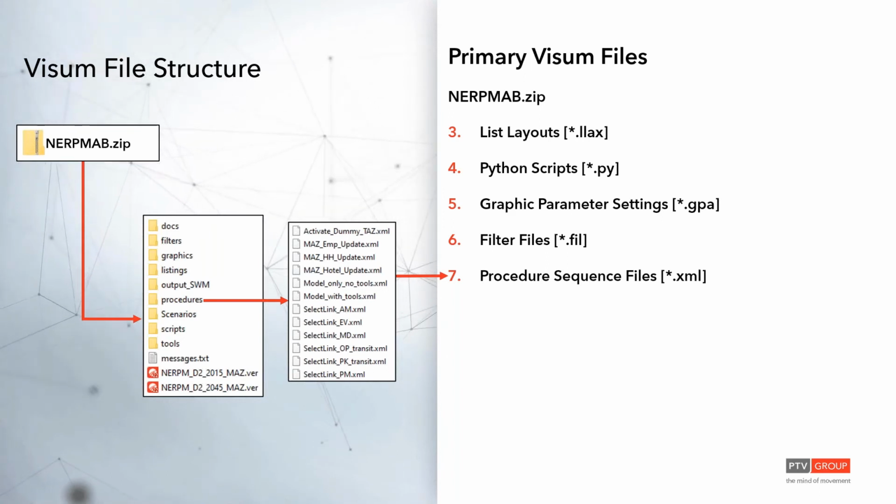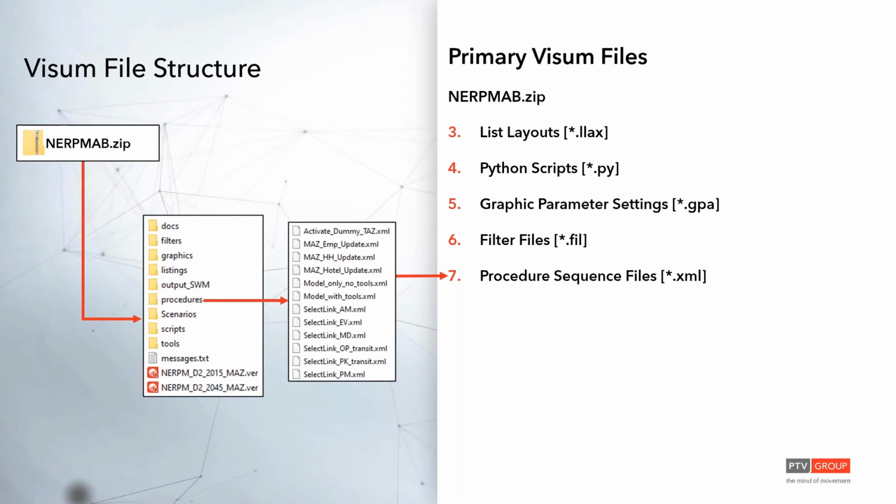For different modeling tasks, the number of operations, the type of operations, and the sequence of operations might change. So instead of manually changing the sequence or adding or removing operations, you can save a procedure sequence file for future use.